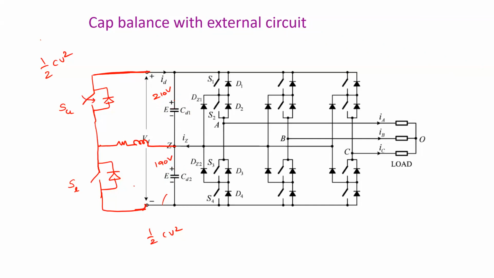All right. So now what will happen? Now it will formulate a current. It will flow like this, right? Agree? If you assume that this inductor is initially uncharged, this energy is transferred to this inductor.